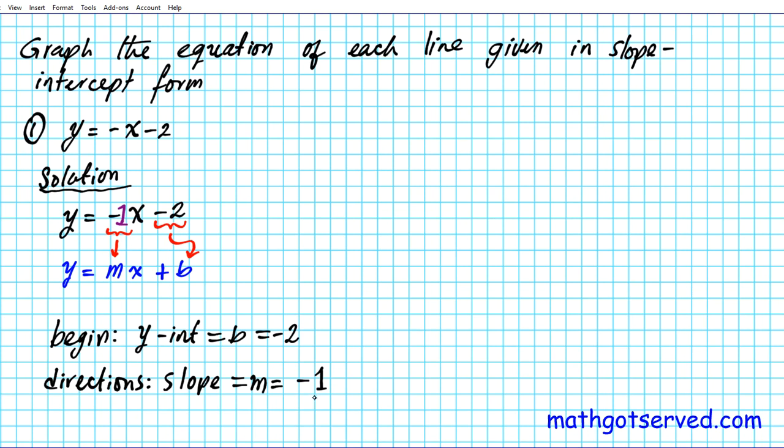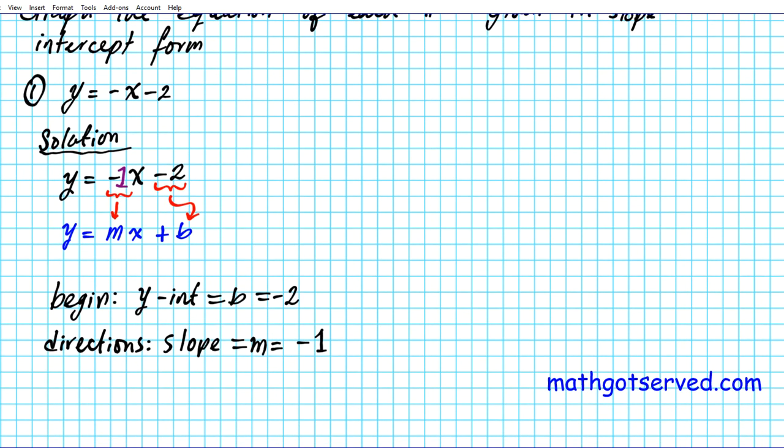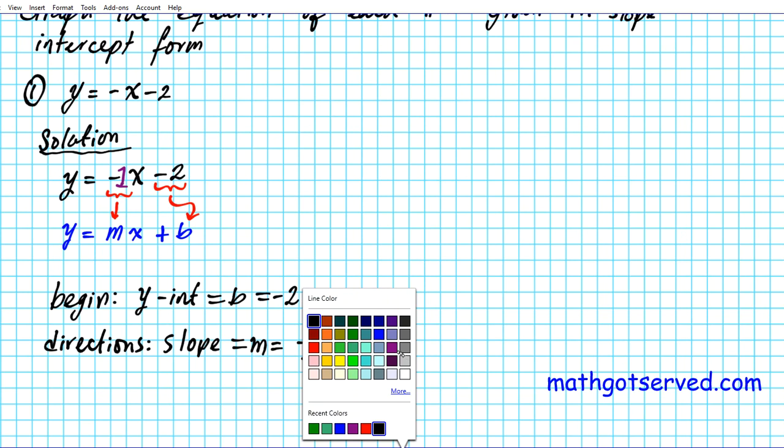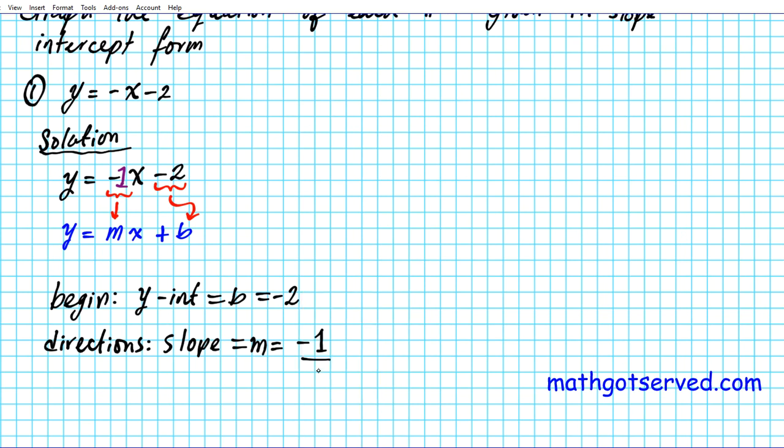So how do you graph this? In order to have the directions, we need a rise and a run, or a fall and a run. This is just a number, so we need a denominator component. Anytime you have an integer as the slope, you have to express it as a fraction. The default denominator is just 1.